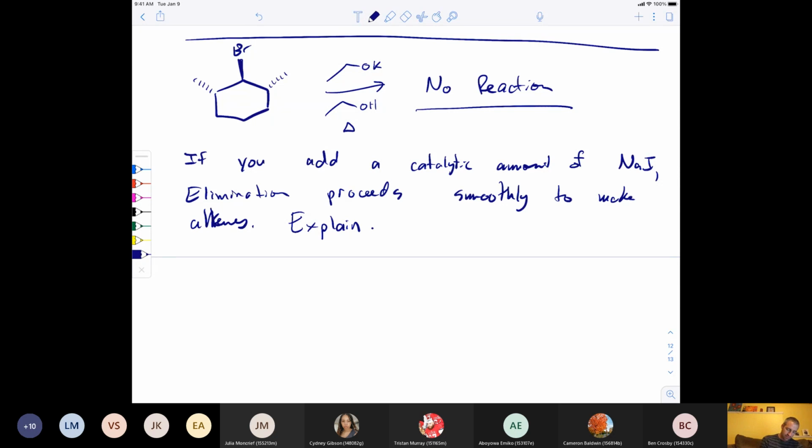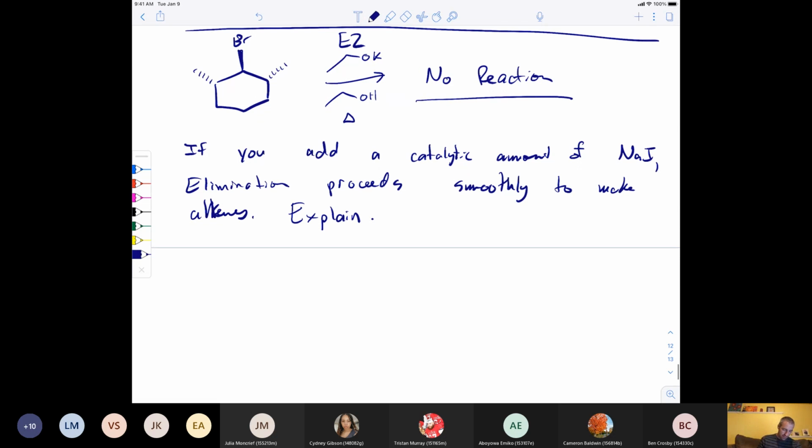So the conditions we have here are E2 conditions, and perhaps you can see why this reaction won't go under ordinary conditions: the hydrogens that are on the beta carbons are cis to the bromine. They're not trans, so if they're cis, that means they can never be anticoplanar.